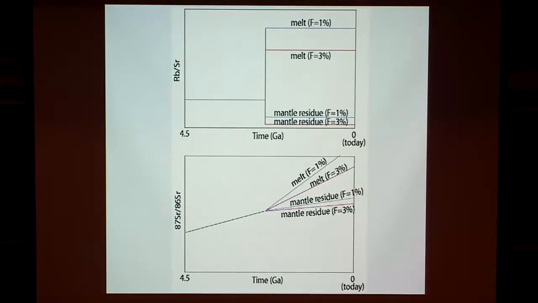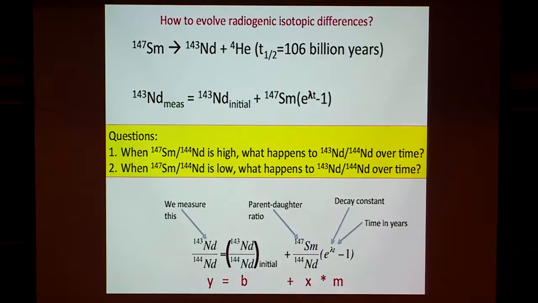Okay. All right. And of course, the more melt you extract, the more depleted your mantle residue is, and so the lower the 87-86 strontium it ends up with over time. The same thing for samarium-neodymium.